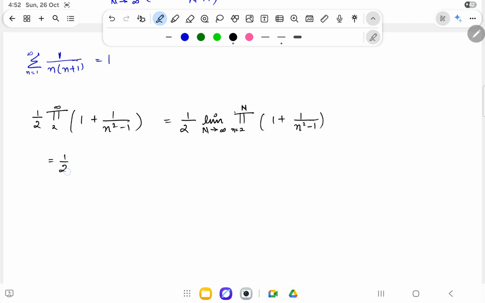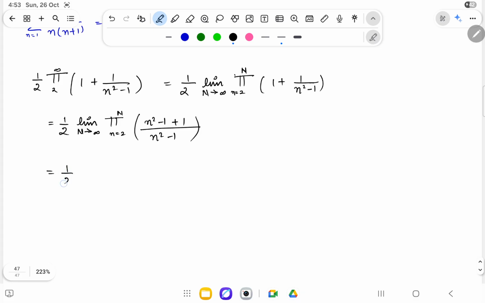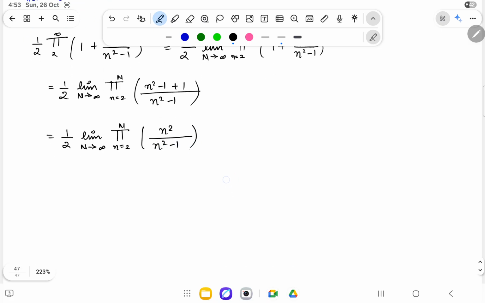So it will be equal to 1 by 2 limit capital N approaches infinity, product from small n equals 2 to capital N. Now if I take the LCM of the inside term, it will be n square minus 1 plus 1 divided by n square minus 1, and this simplifies to 1 by 2 limit capital N approaches infinity, product from 2 to N of n square divided by n square minus 1, and it can be further simplified as 1 by 2 limit capital N approaches infinity, product from 2 to N of n square divided by n minus 1 and n plus 1.